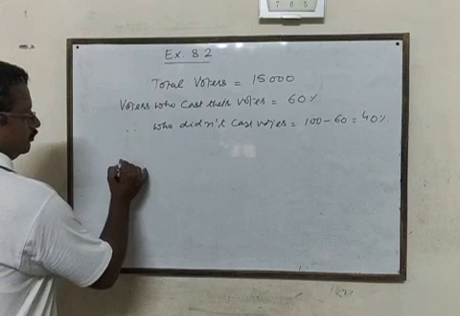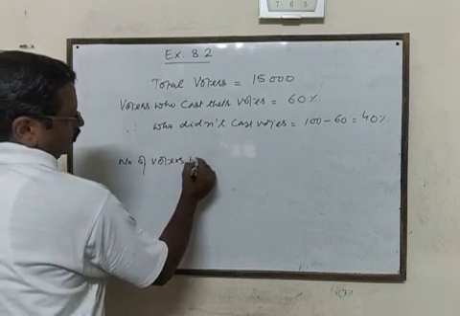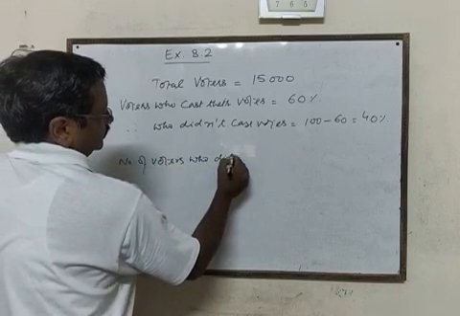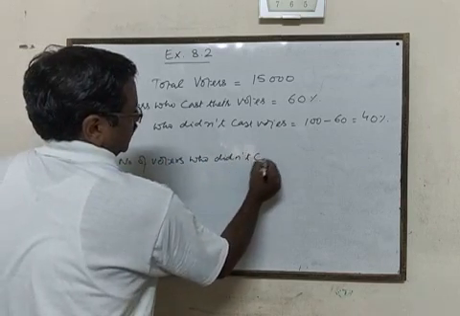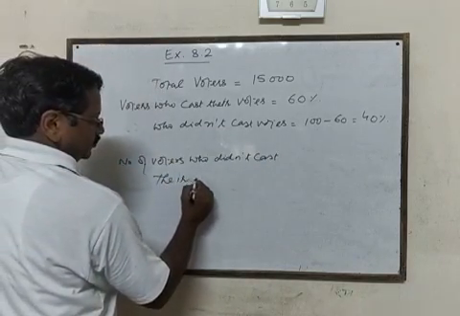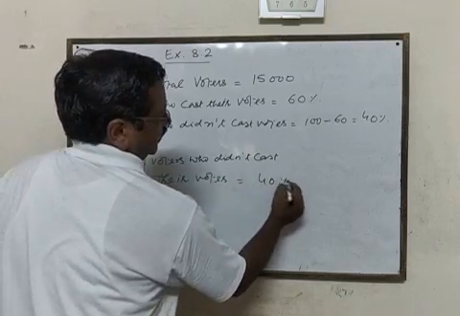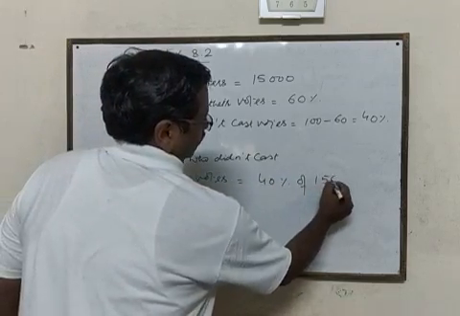Now the number of voters who didn't cast their votes is equal to 40% of 15,000.